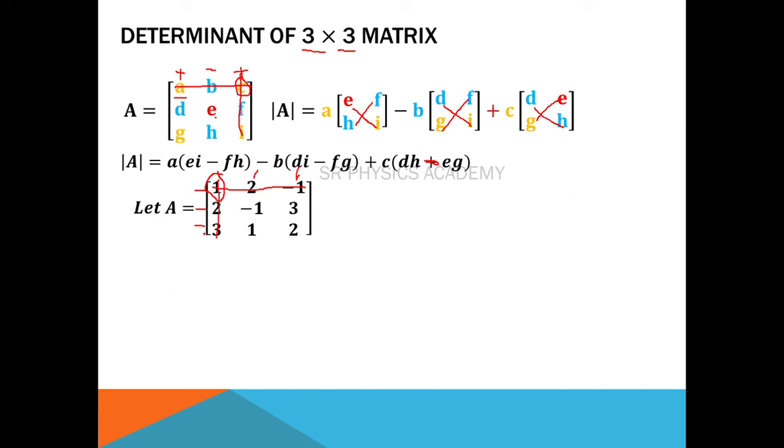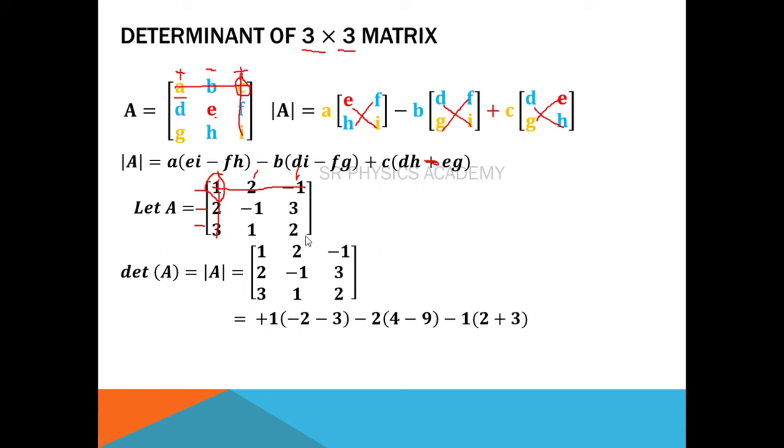So minus 1 into 2, we will get minus 2, minus of 3 into 1, minus 3. So now this is clear.